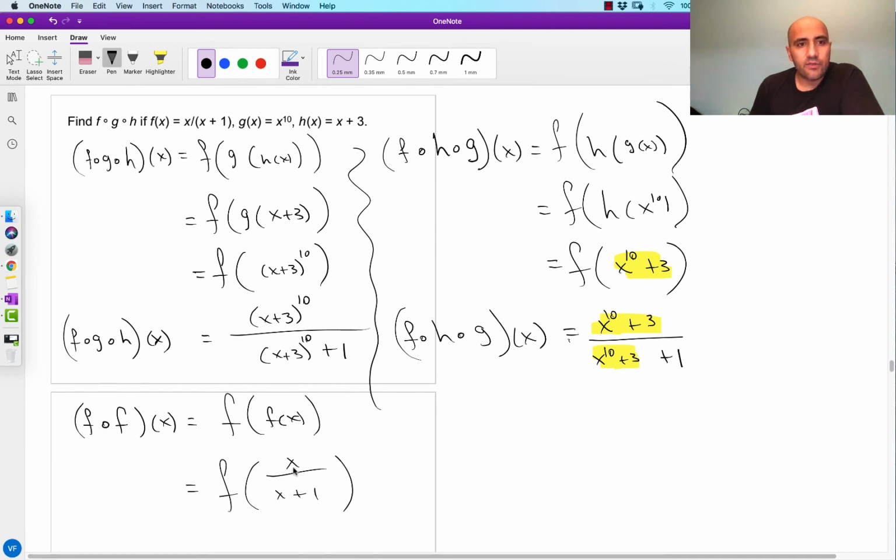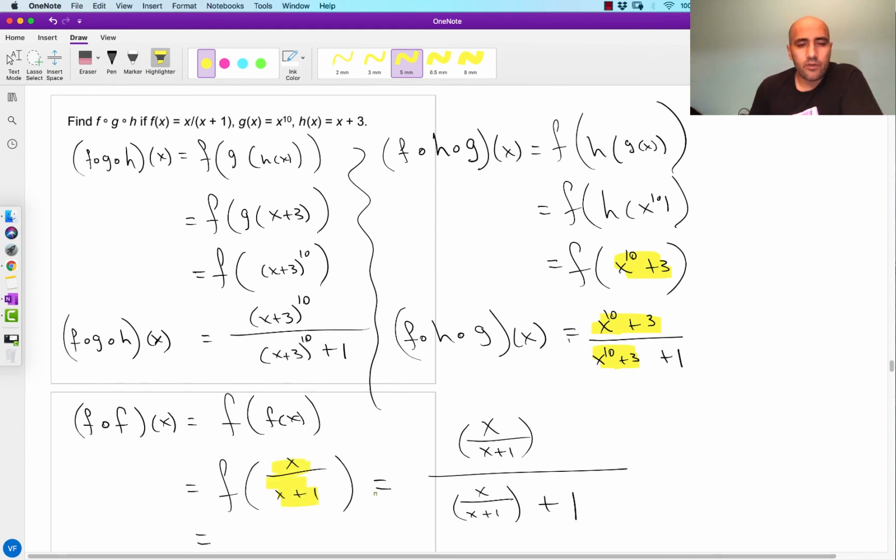It's always the input divided by the input plus 1. But now this other f is going to be the same thing. You want to have the input, which is this guy. Here's the input, divided by the input plus 1. Right? So here is my input, and it's the input divided by the input plus 1.